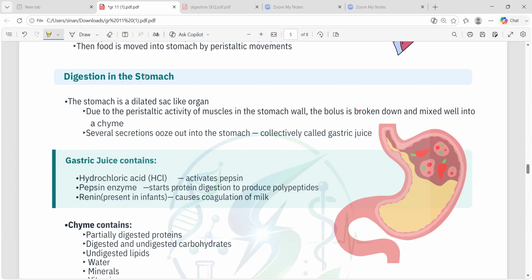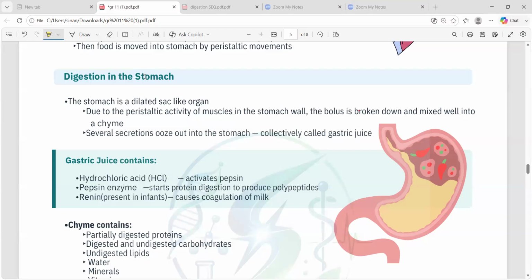Ptyalin. Ptyalin or salivary amylase is secreted by the salivary glands. The function of this ptyalin is converting the starch into maltose. It is converting this large starch into maltose, and maltose is somewhat sweet. So it is mainly helpful to make the food taste somewhat sweet.